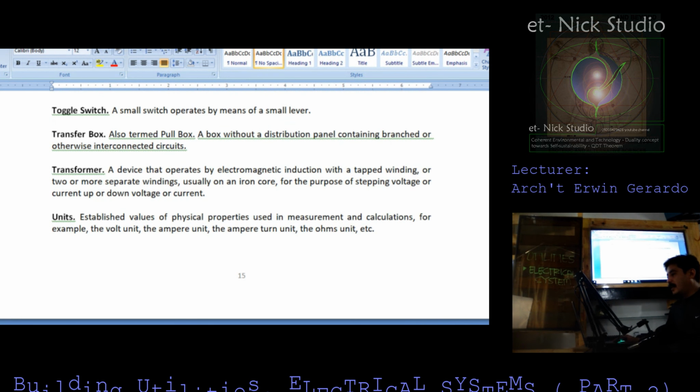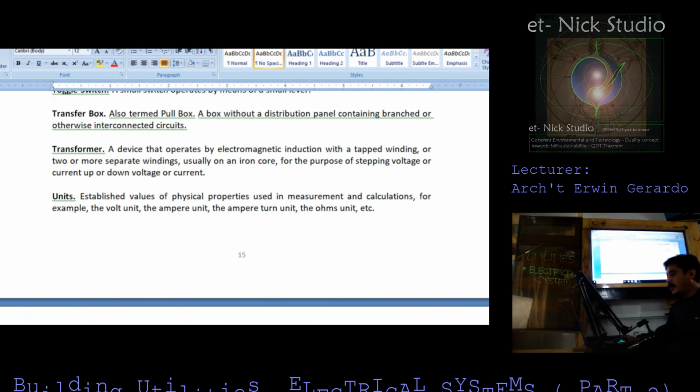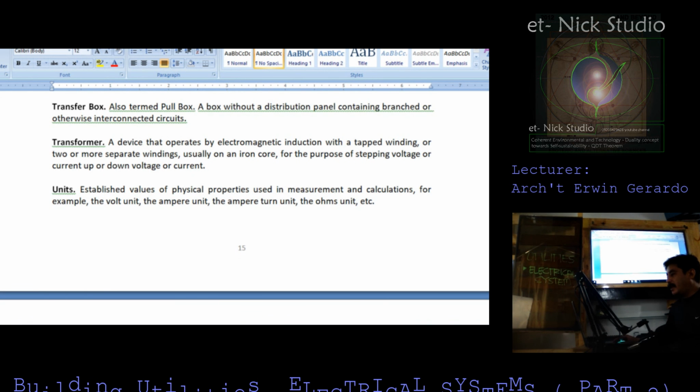Toggle switch, a small switch operated by means of a small lever. Transfer box, also termed pull box, a box without a distribution panel containing branch or otherwise interconnected circuits.